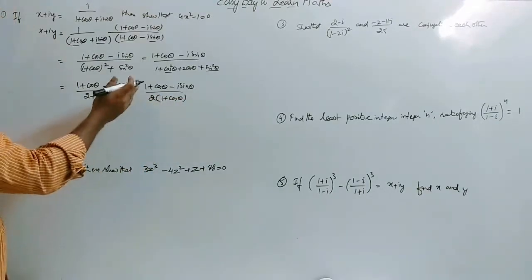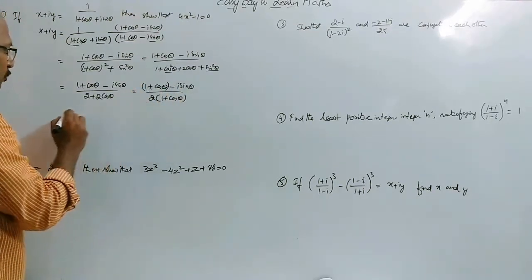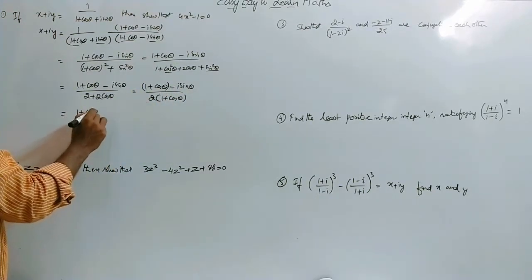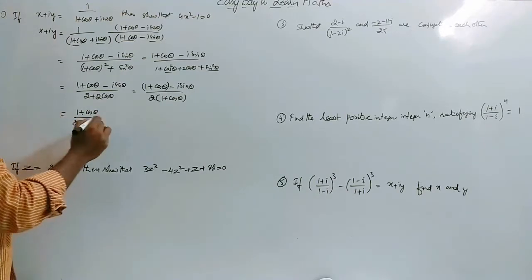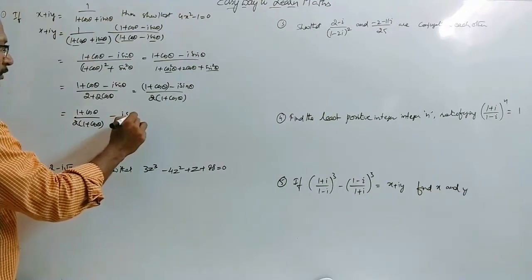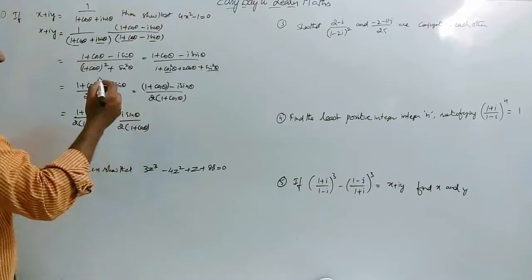Let us separate the numerator into 1 plus cos theta and sin theta. That is equal to (1 plus cos theta) by 2 into (1 plus cos theta), minus i sin theta by 2 into (1 plus cos theta).